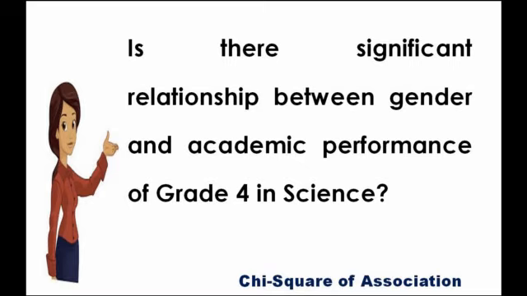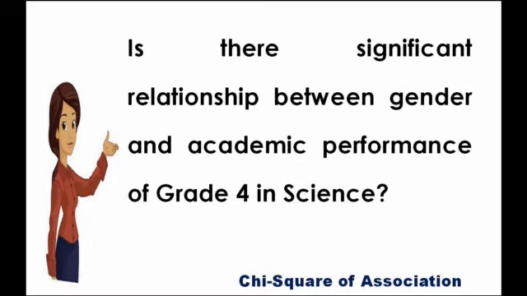Remember, academic performance in the report card of the learners has a corresponding description and numerical rating. Thus, we can test the relationship using the chi-square of association. But remember, chi-square of association as a statistical tool will not give us the degree of relationship.